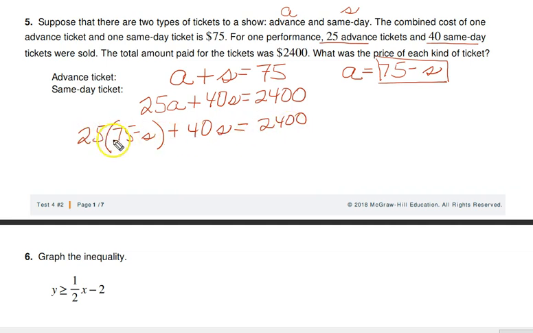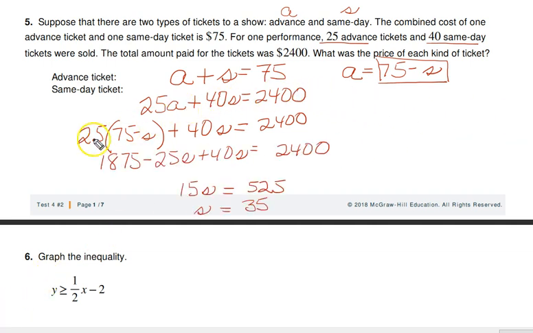So I need to use my calculator to do some calculation, and hopefully that's what you're doing too. So when I did this multiplication, I got 1875, a negative 25S, and the rest is the same. I group like terms, I got 15S here.